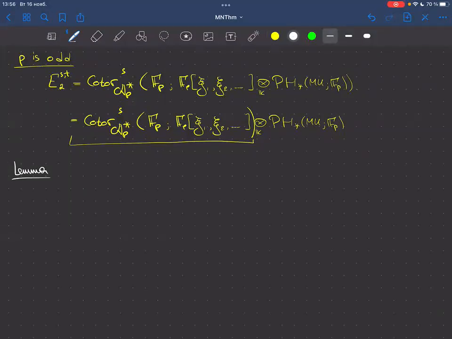So suppose we have a Hopf algebra A star, and we have a normal sub-Hopf coalgebra B star, which means we have A star like this.